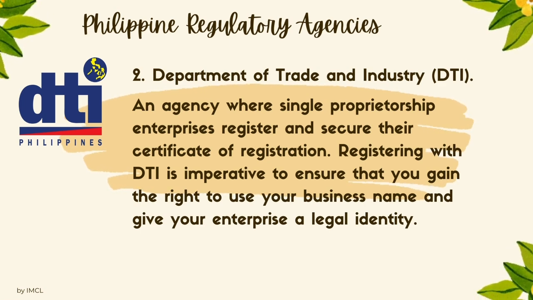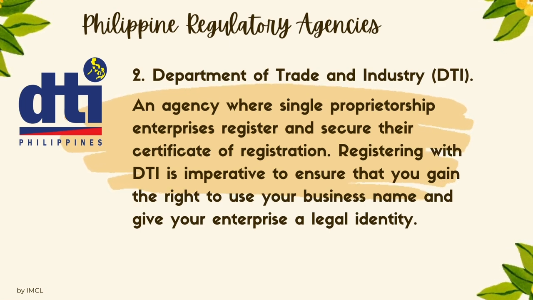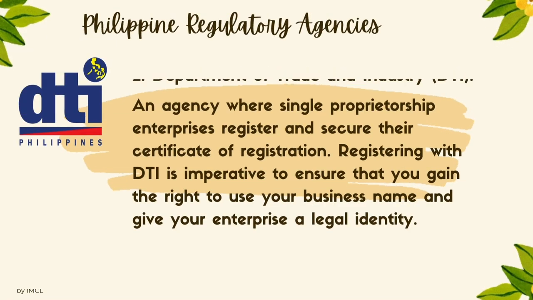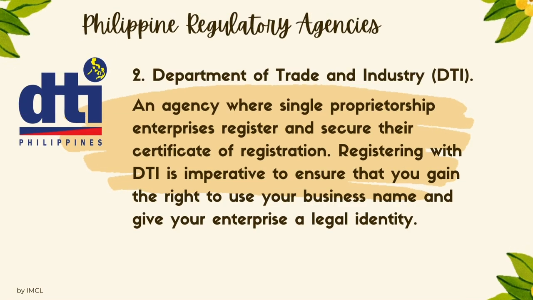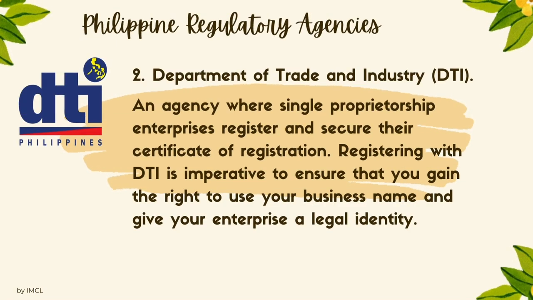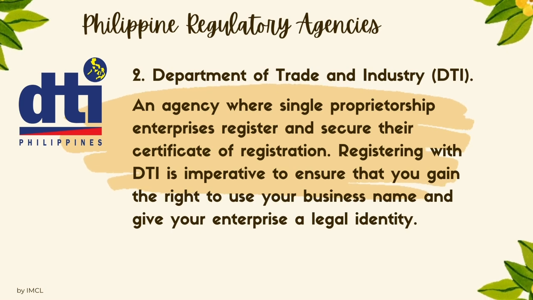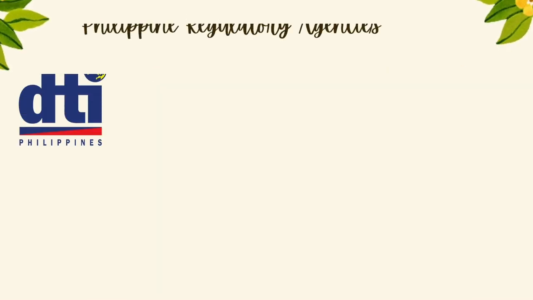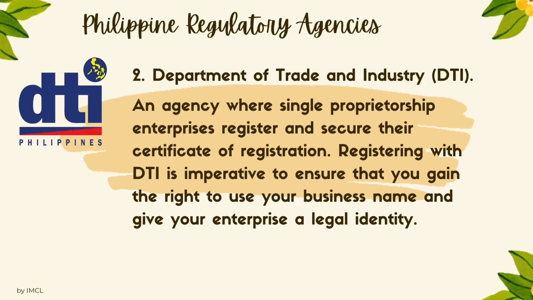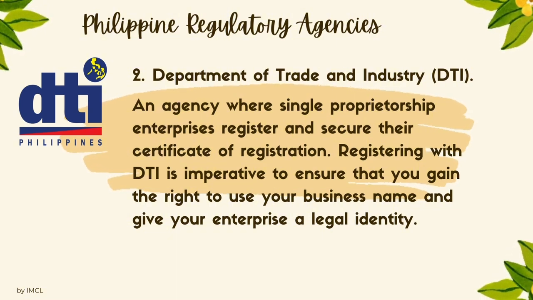Under Republic Act 3883, it is illegal to use a business name without registering it first with DTI. Registering your business name guarantees the legal right to use it for 5 years, and it must be renewed to continue its legal validity.